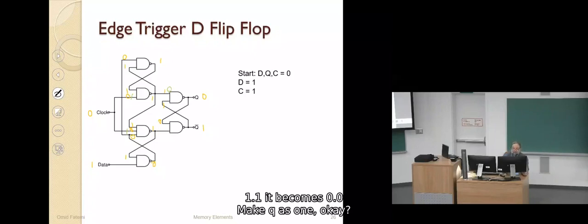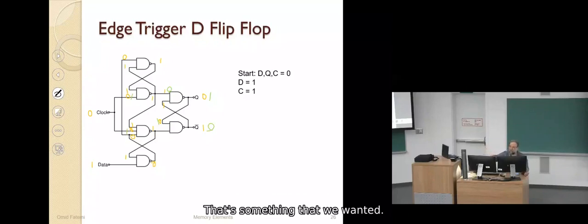And this 0 makes Q as 1. Okay? 0 NAND something is 1. And this one makes Q as 0. You see, when the clock gets 1, the data propagates to the output, and Q becomes 1. That's good. That's something that we wanted.